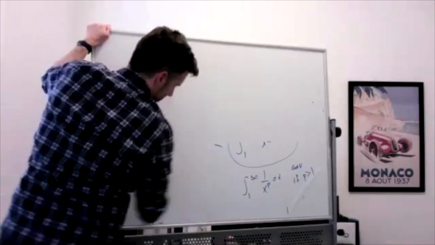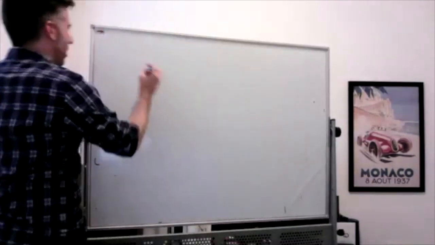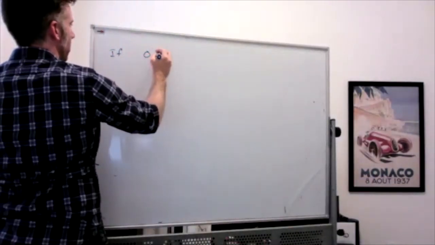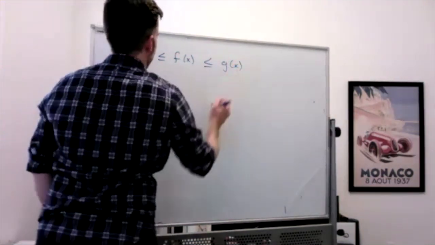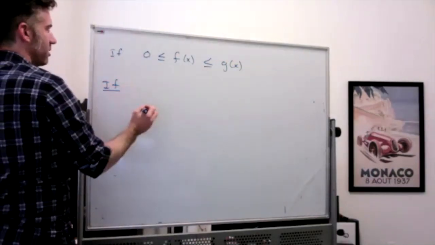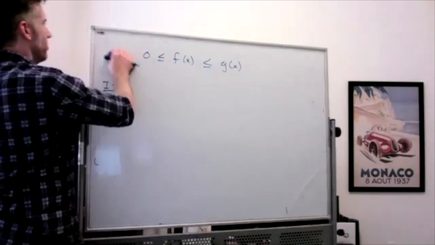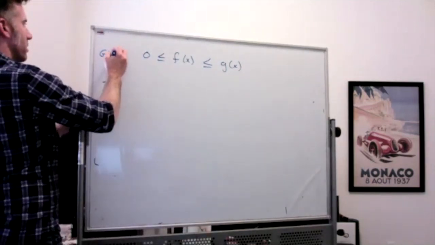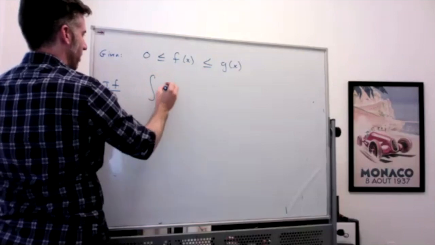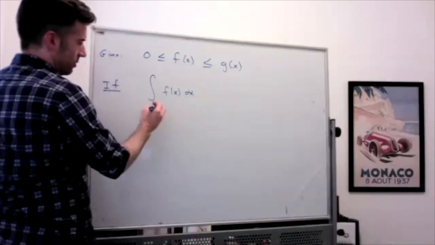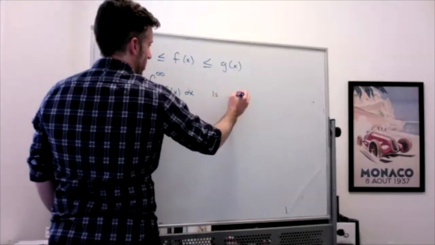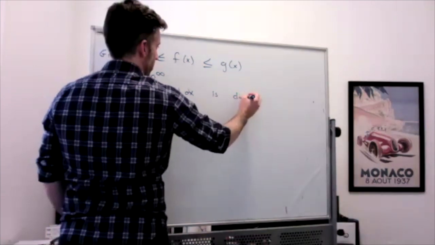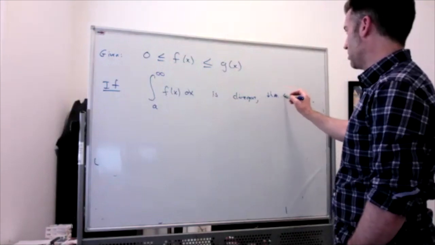The comparison tests say basically, if you have 0 less than or equal to the function f of x less than or equal to the function g of x, given that, if the integral of f of x from a to infinity is divergent, then so is the thing that's bigger than it.